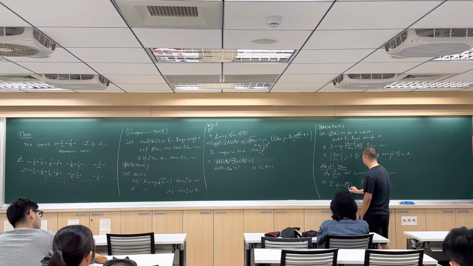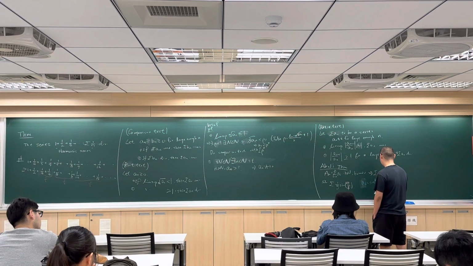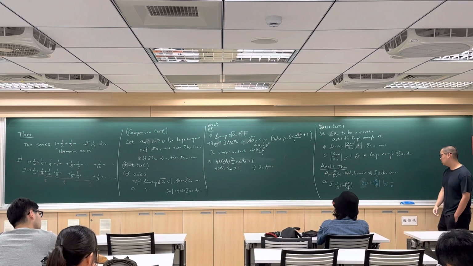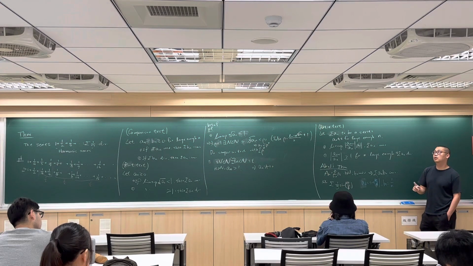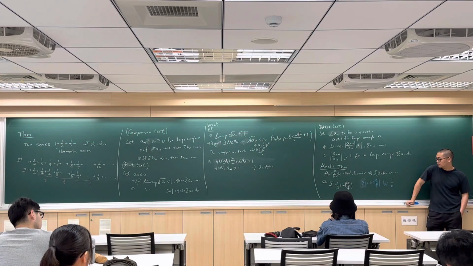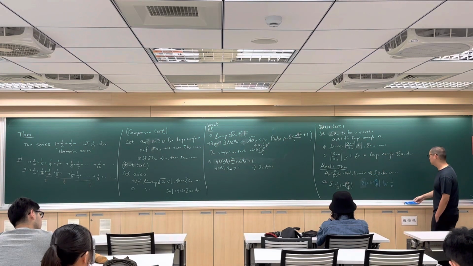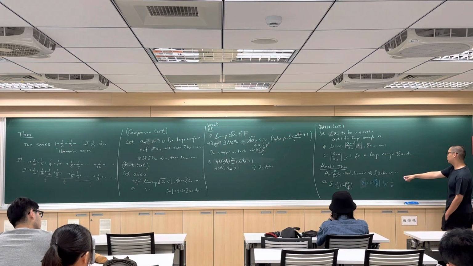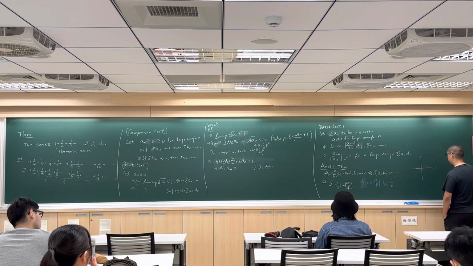What I'm trying to write down is this one bounded. So maybe try to draw something like 4 over n pi.